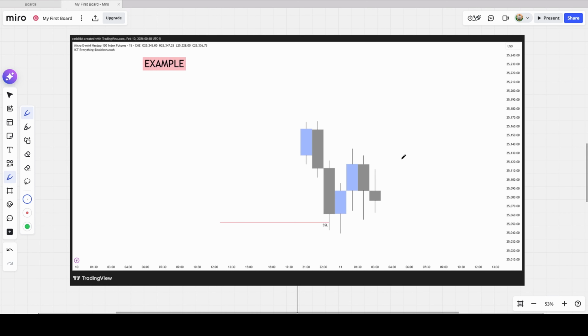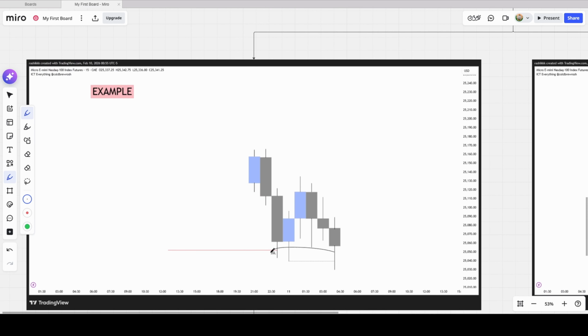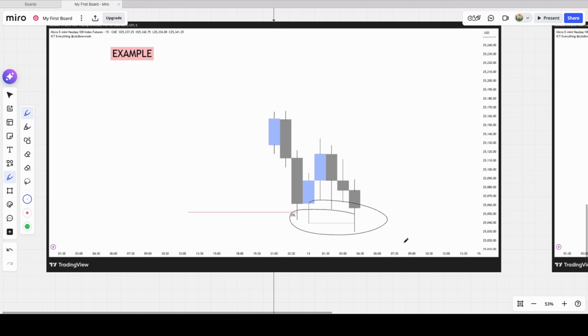Here you can see price trending down into an important level where we might expect a shift in price behavior. You can see a series of down-closed candles forming into that level. At first, price does not close above those down-closed candles, which means the market is still bearish. Then price comes in and sweeps a short-term low, taking liquidity. After that sweep, we identify the low, mark the series of down-closed candles that formed it, and wait.